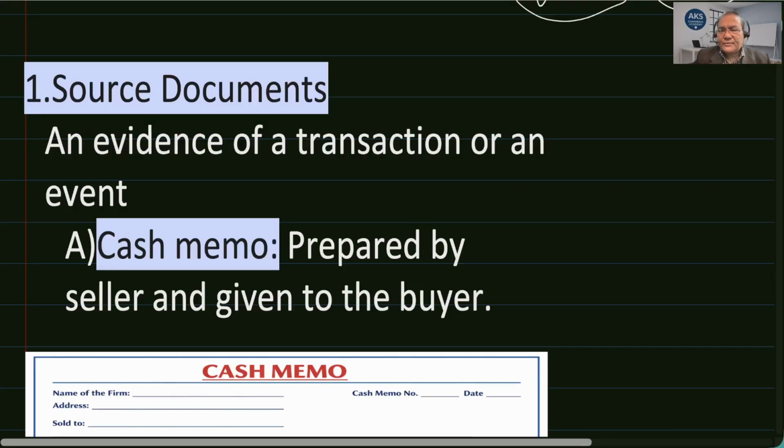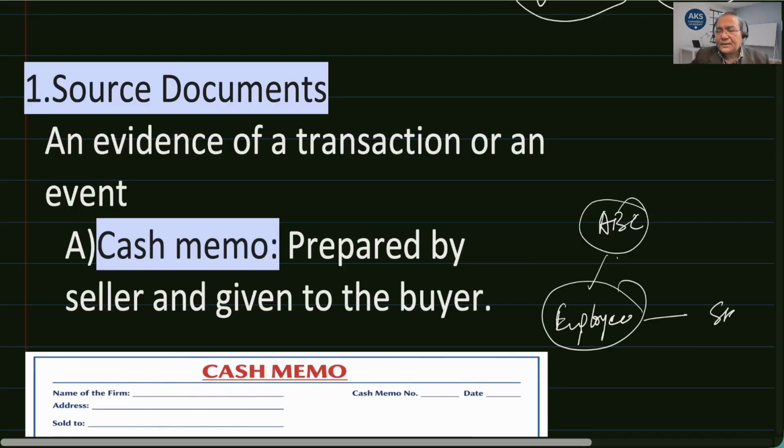An evidence of a transaction or an event may be a cash memo. Let's say an enterprise, ABC firm, sends its employee to buy something from the market, let's say stationery. After having bought certain stationery items, cash is paid by the employee to the stationery shop owner.